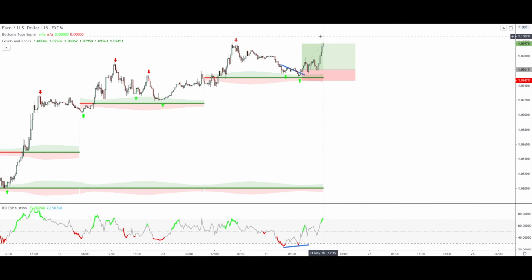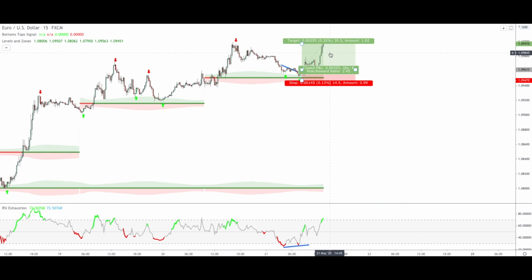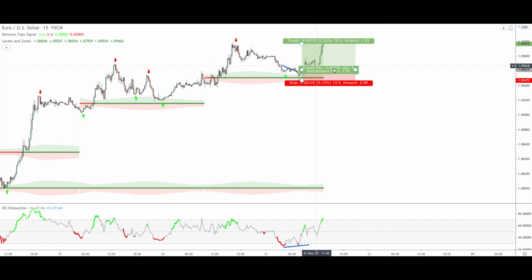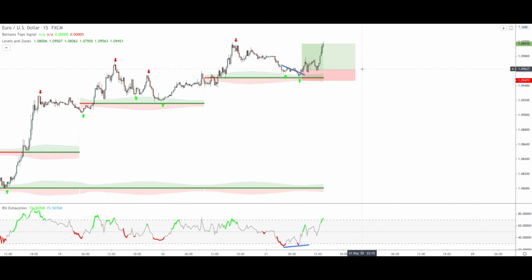We have reached the target right now, so the trade is over for almost 2.5x return. The price actually decided to visit our entry level another time, a third time.